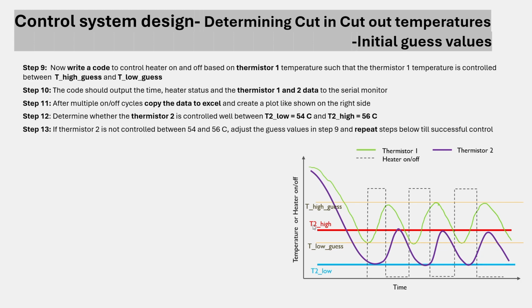And collect the data, copy the data, plot it, and check whether the T2 high and T2 low are 54 and 56. If they are slightly off, adjust this or this value depending on whether it's off on the top or off on the bottom, okay? Adjust it a little bit, try it again, adjust it a little bit, and you might have to do it 2-3 times to get it more accurate.